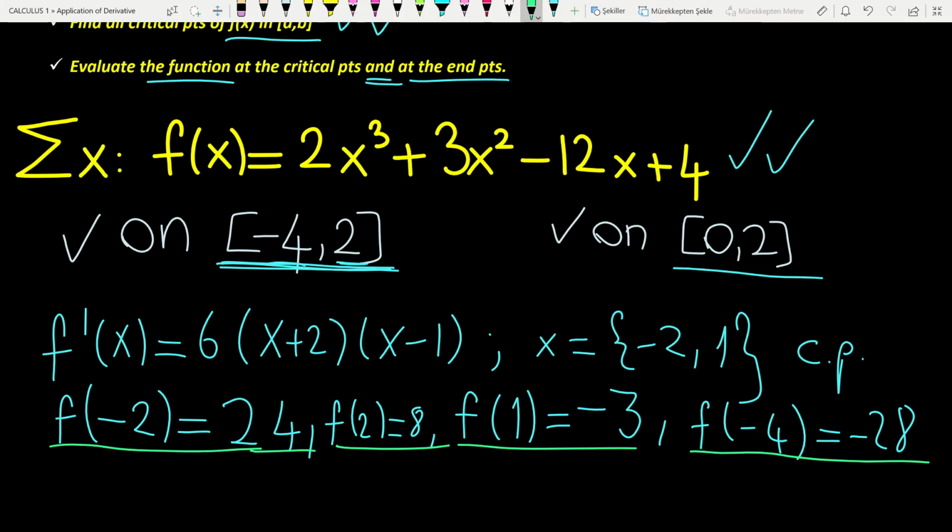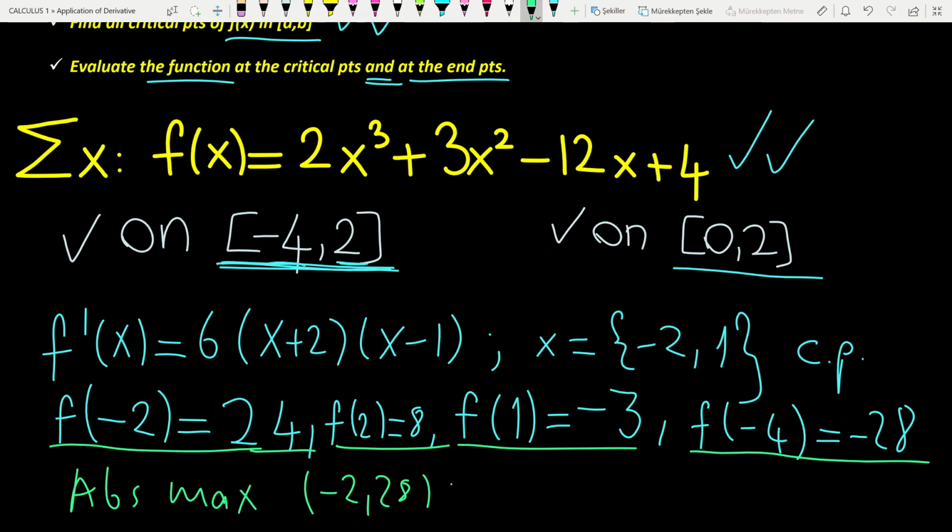Which one is biggest? Which one is greatest? The greatest one becomes the absolute maximum. So in this case, the absolute maximum of f of x is 24 at the point minus 2, 24.